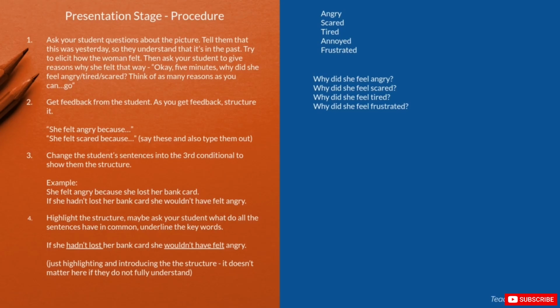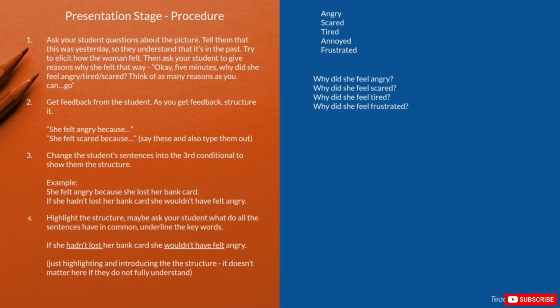And here we can ask them the question and they can see the question as we are saying it. Okay, so why did she feel angry? We can give our instruction, okay, 5 minutes. Why did she feel tired? Think of 5 reasons. Think of as many reasons as you can. Go. And that's it. That's all we need to do to get them started.